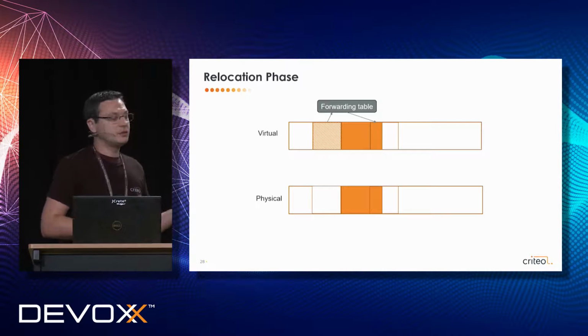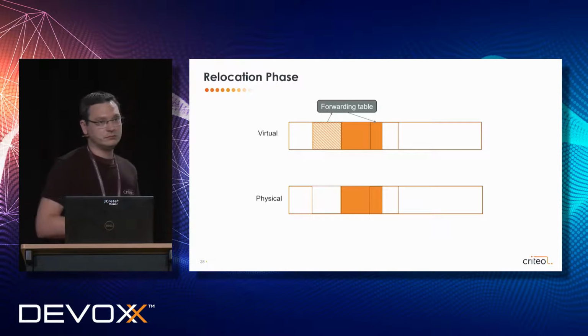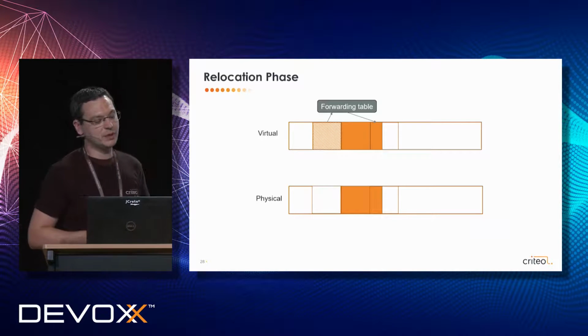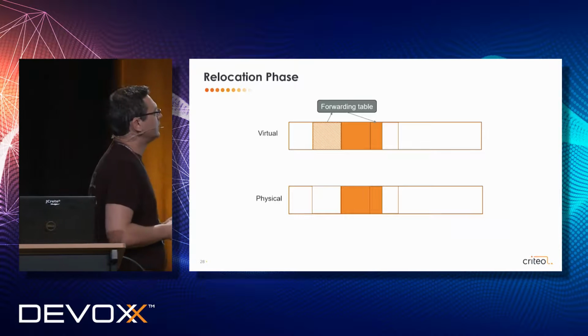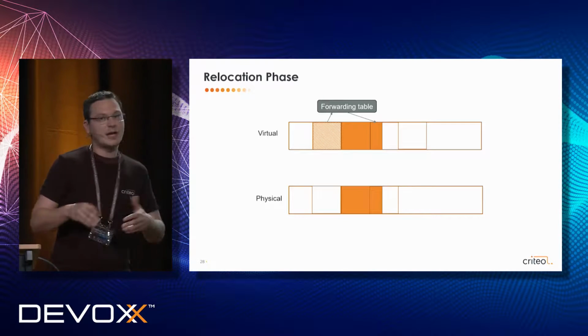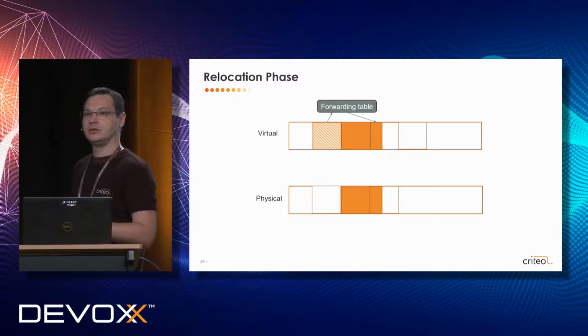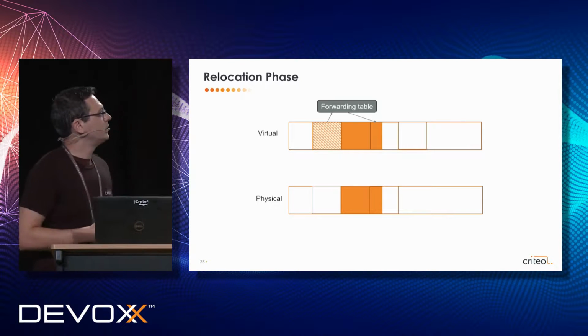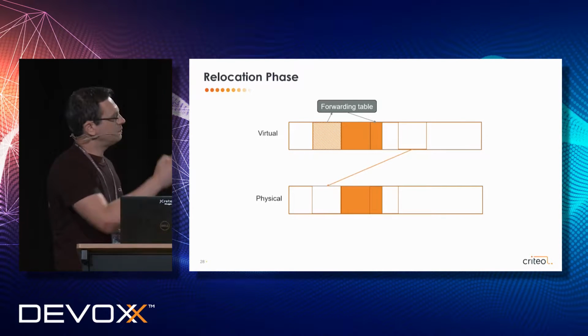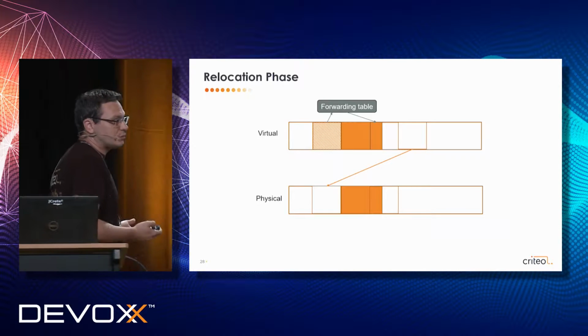We release the physical page, only the physical part, not the virtual one. Then we can allocate a new page to go to the next page, and this page will be backed by the physical page that we just released.